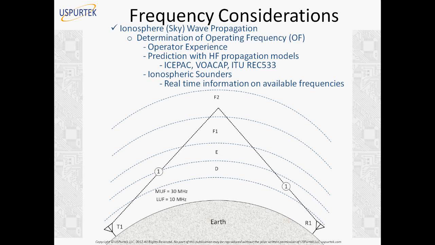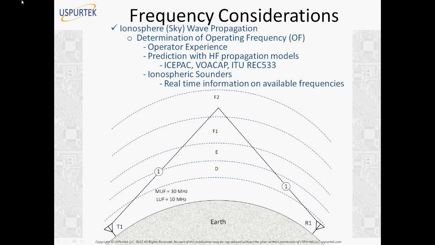If you go to the ITU website, they recommend some mathematical models which can be used to predict your operating frequency. The other way is to find out experimentally, with ionospheric sounders, which give real-time information on available frequencies.